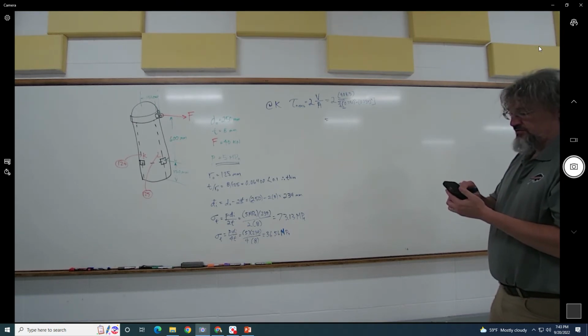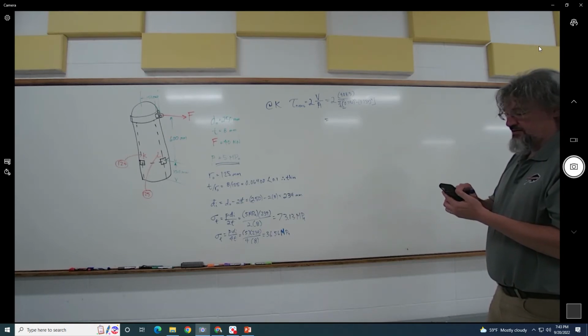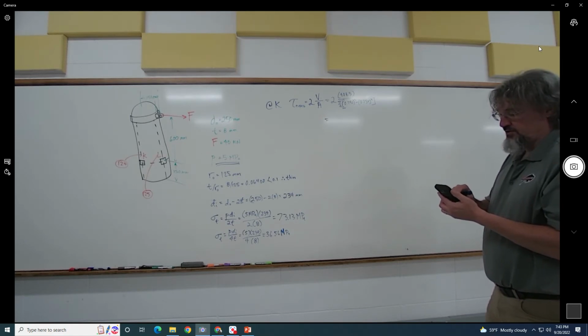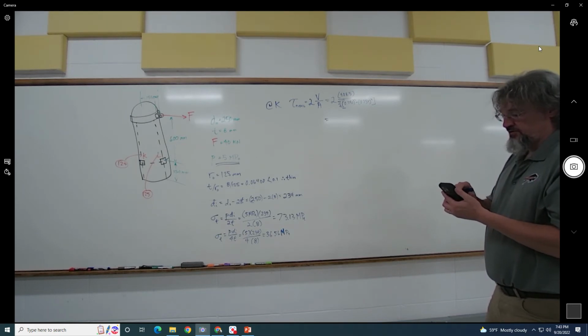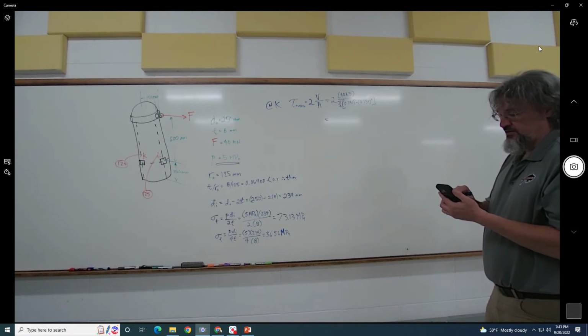So 0.25 squared, 0.234 squared, subtract them, multiply by pi, divide by 4. So we get an area.